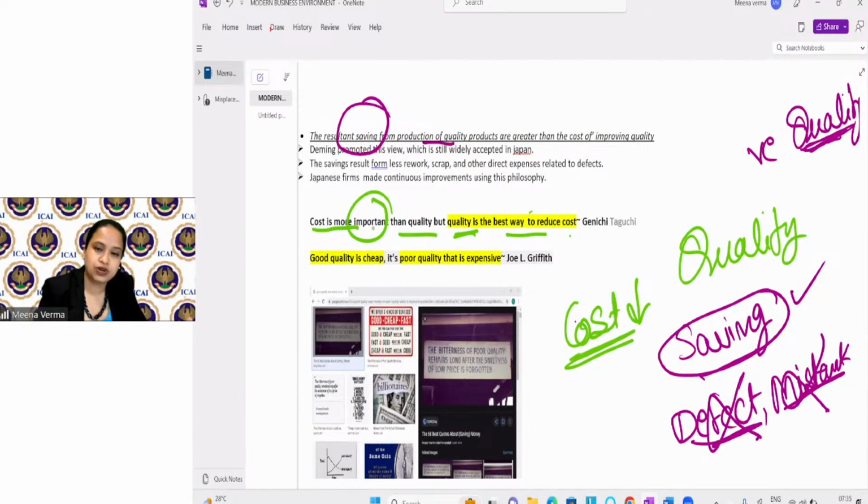We always want to reduce the cost of the production, but they are saying you can reduce the cost only if you produce a quality product. When you produce a quality product, it will reduce the cost of the company. It is very deep, actually.